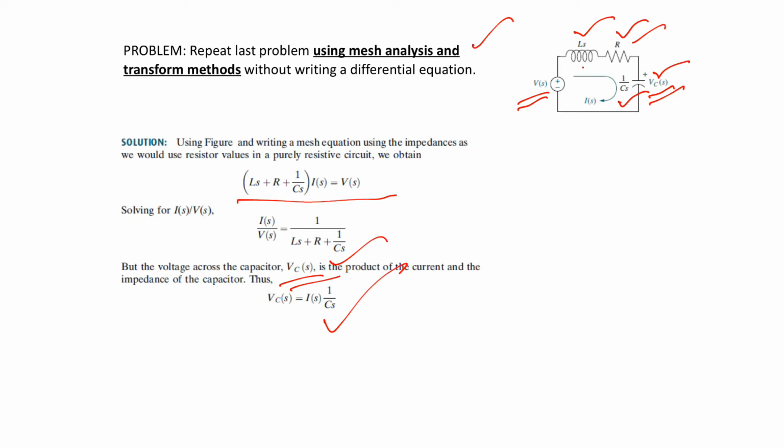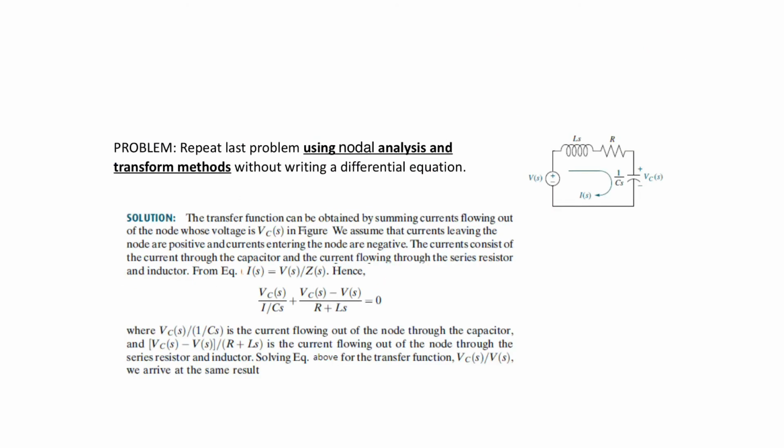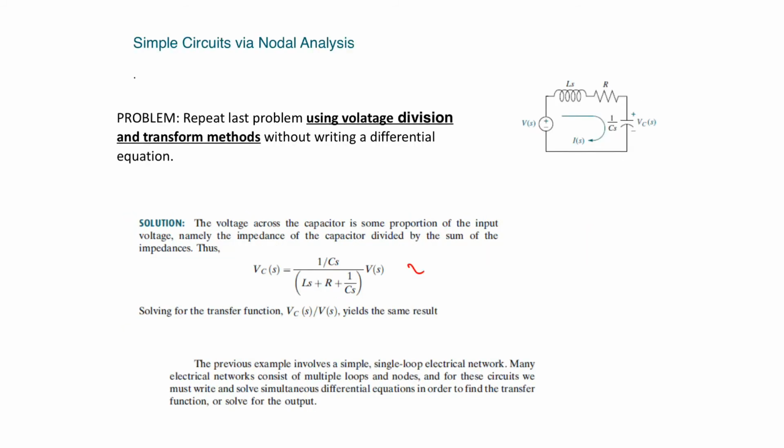Now this example we have done with mesh analysis. Let us suppose we want to do the same using nodal analysis, and we can simply do that without writing the differential equation. We can write the node equations, and after writing them we can find the transfer function, that is VCs divided by Vs, also by nodal analysis.